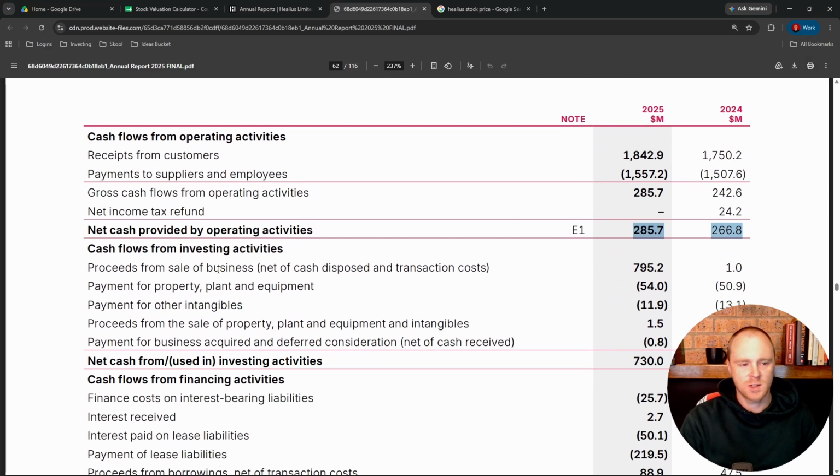And then we've got proceeds from sale of a business, $795 million. And then we've got our property, plant and equipment. Now there's nothing else really that they need to invest in here. So our free cash flow would be this 285 minus 54, and we end up with 231.